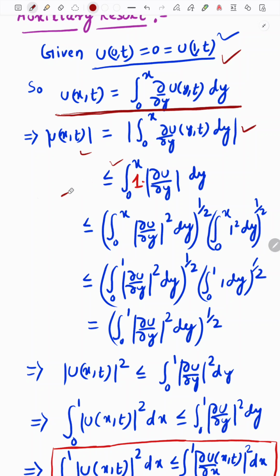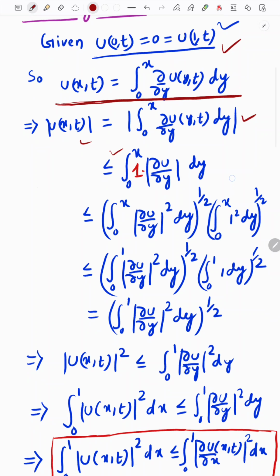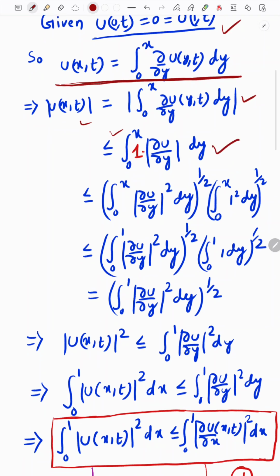Okay, so I think everything is fine up to this point. Now I will apply the Cauchy-Schwarz inequality, where my f is the function 1 and g is the derivative of u with the modulus sign. Then after applying the Cauchy-Schwarz inequality, I will reach this step.